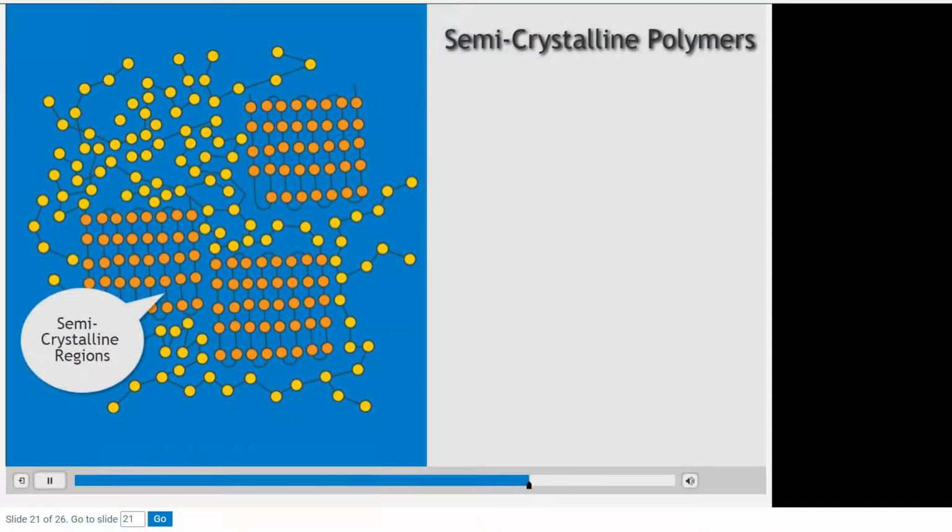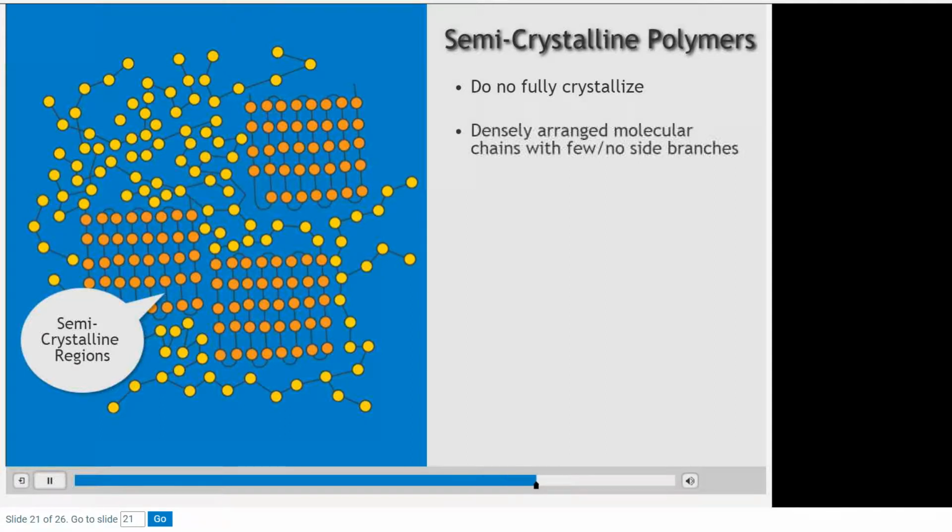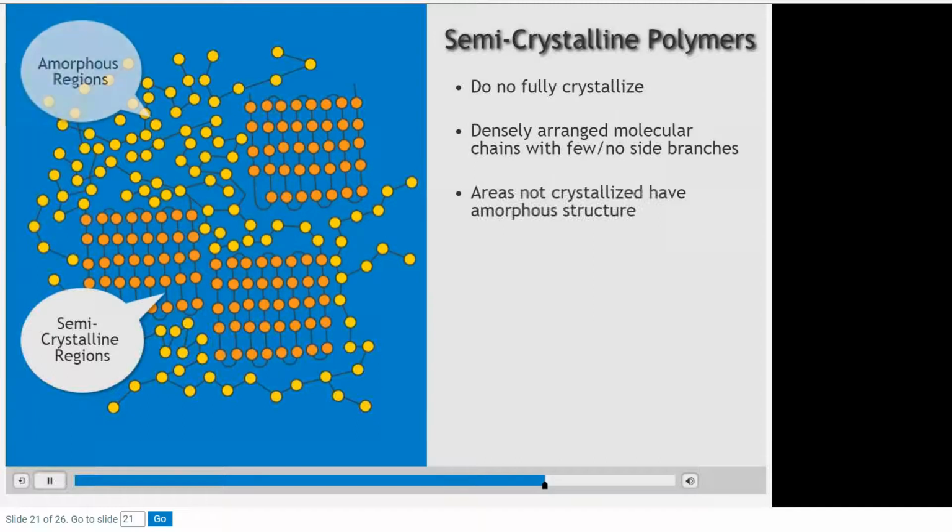Now let's move on to the internal microstructure of semi-crystalline materials. These materials do not fully crystallize. However, they have densely arranged molecular chains with few or no side branches. This structure allows the chains to embed themselves into the crystalline areas. So the areas that have not yet crystallized have an amorphous structure.